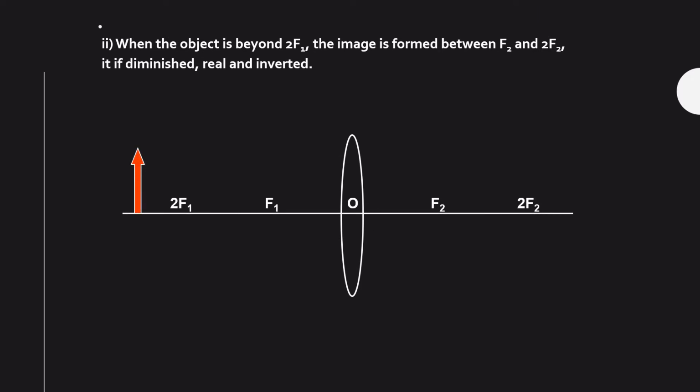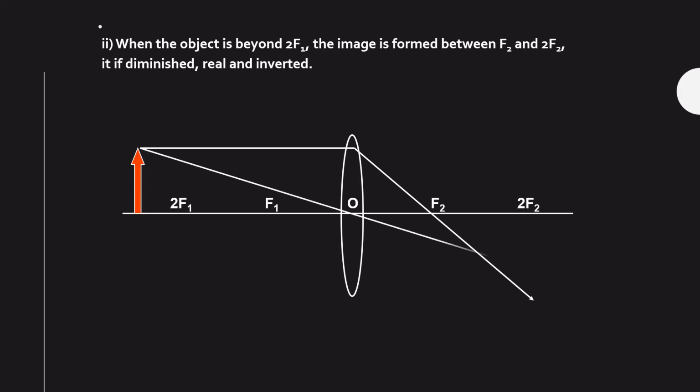An object placed beyond 2f1. The ray of light parallel to the lens after refraction passes through focus on the other side of the lens. We'll take another ray, the ray which is passing through the optical center. It goes unrefracted, that is, it does not show any deviation, and we get an image between f2 and 2f2.